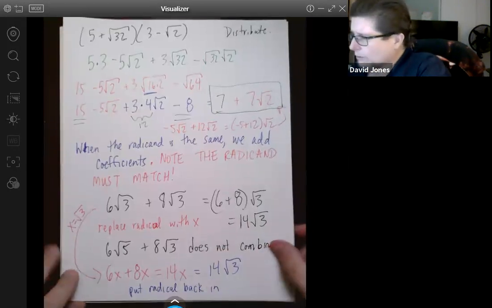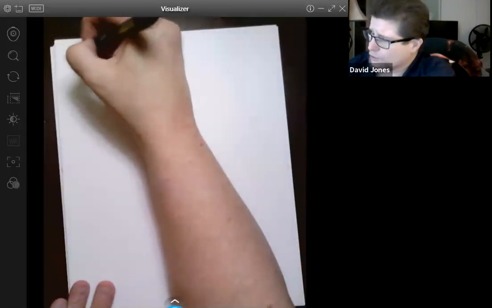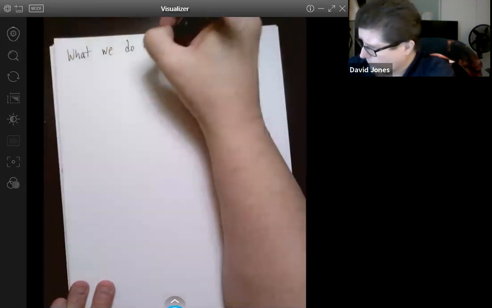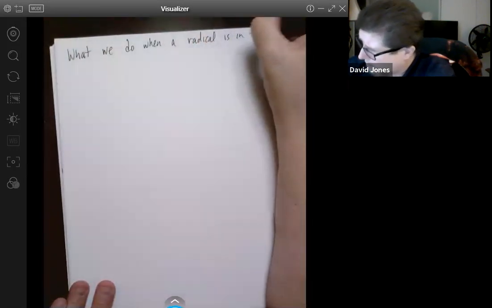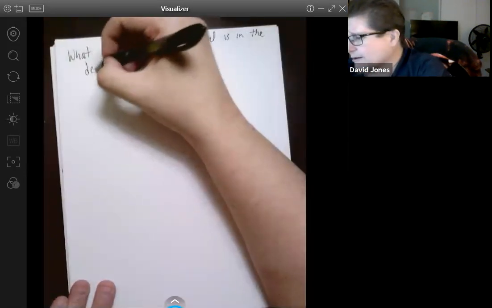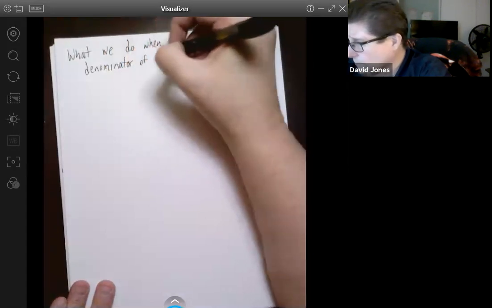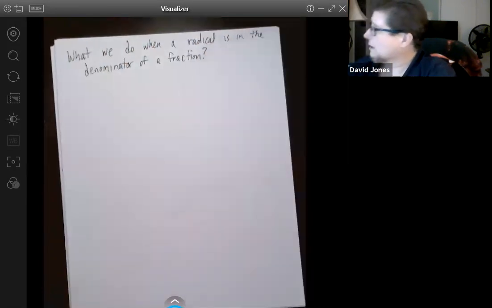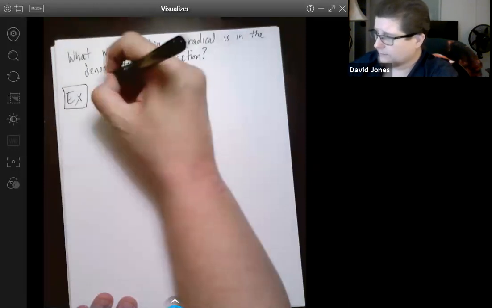What about when we got a radical on the bottom? What do we do when a radical's in the denominator of a fraction, like 2 over the square root of 7?